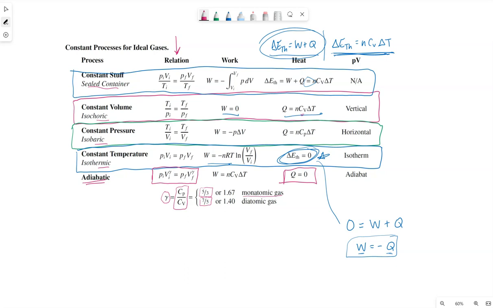A big part of this section is just knowing how to use these equations and when to use the different equations. So I'm going to do some examples and go through as many as you need to have a better understanding.